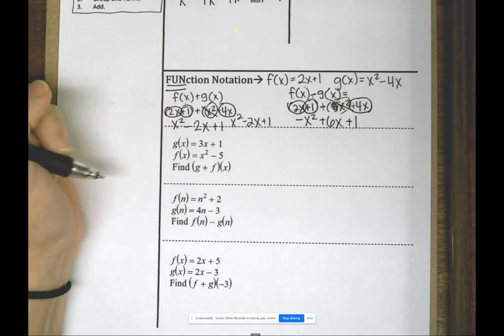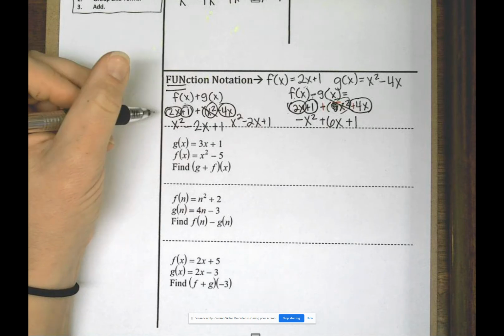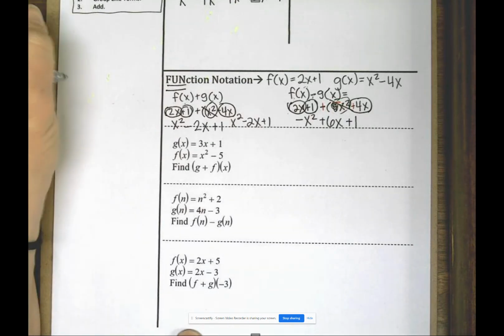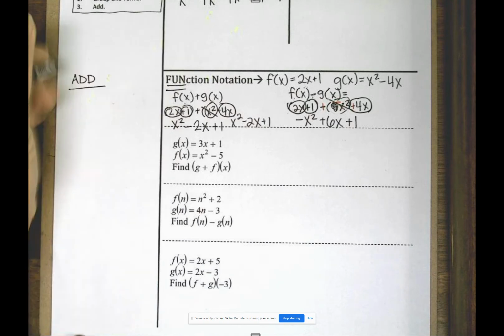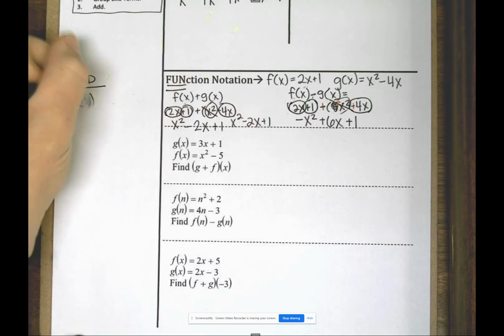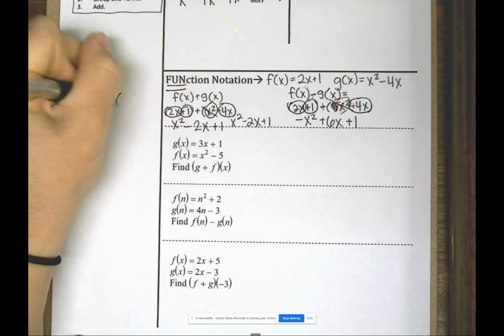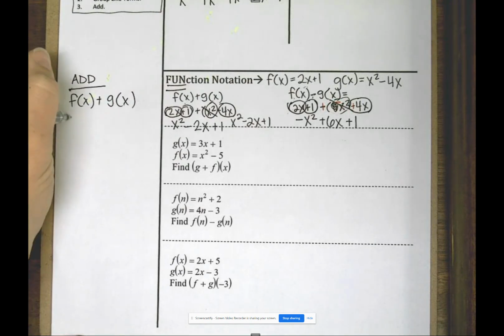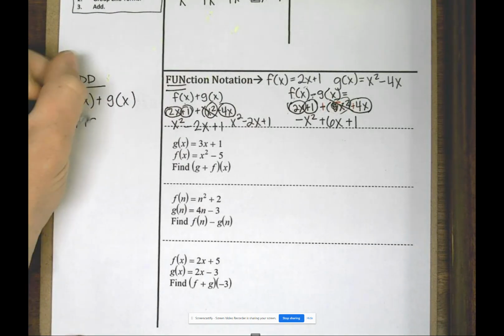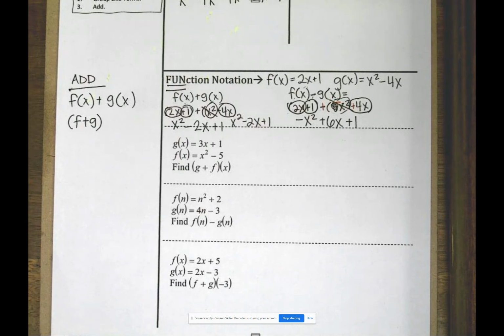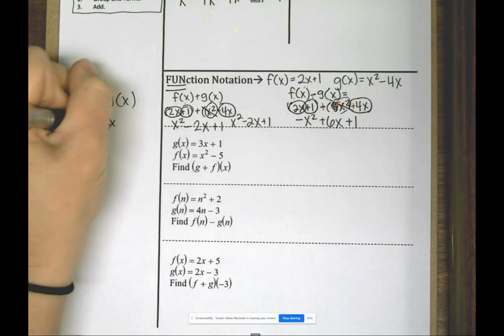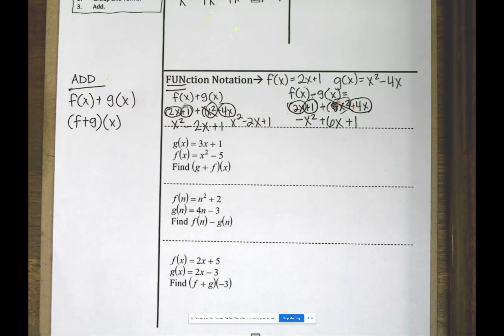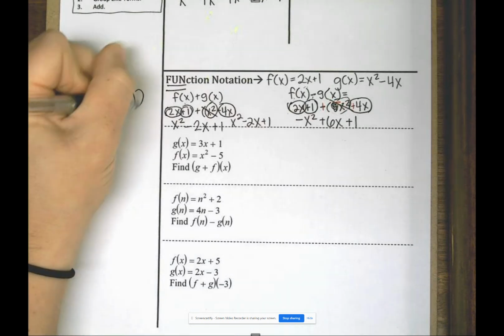So some ways that you're going to see this function notation look, when you're adding, it might look like f of x plus g of x. You might see it written this way as well, though, which might look a little bit different to you. F plus g and then x. Those mean the exact same thing. Those both mean, yep, we're adding.